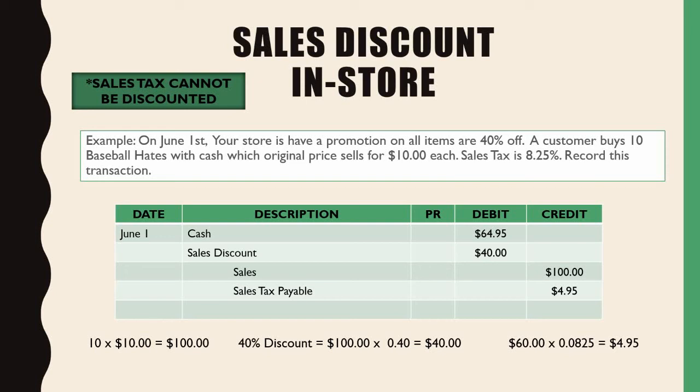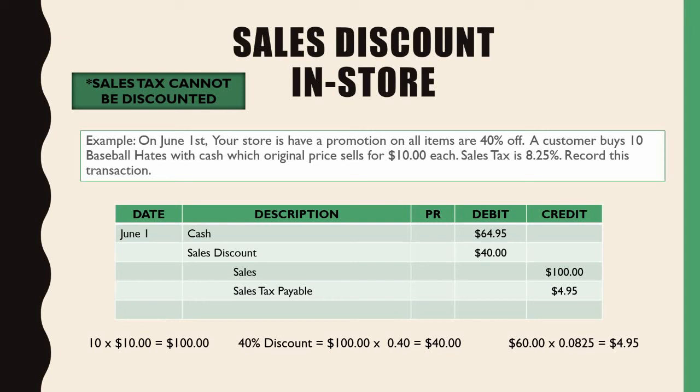My 40% discount, right? 40% of $100 means that my discount is going to be $40. You take the $100 of sales, subtract out the $40 to get $60, because that's what you're actually selling, $60 worth of items. Then you take that and multiply it by the 8.25% to get the $4.95.